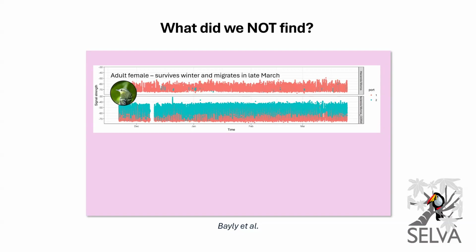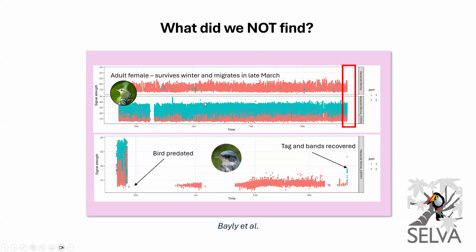But this is an adult female cerulean warbler. It is surviving the winter and migrating at the end. So there's lots of variation in the signal strength at these 2 towers that this cerulean warbler is being detected. This is a bird that's predated.